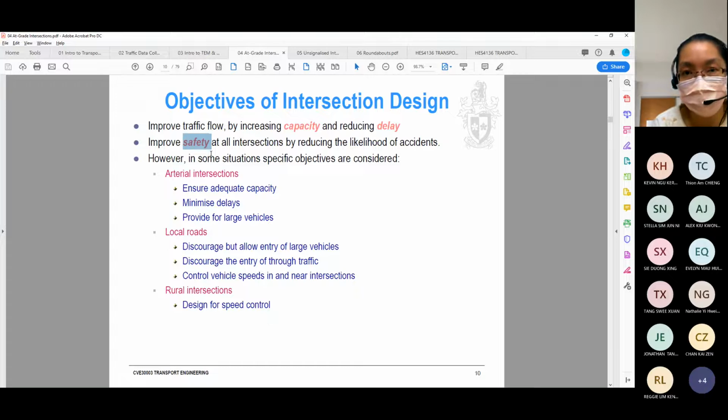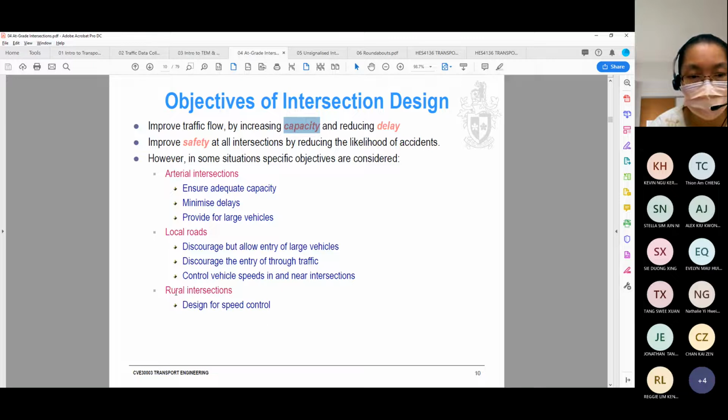Usually in urban areas, at arterial intersections, it is meant for capacity, but of course we have to cater for safety as well. But mainly the focus is on capacity. Towards the lower level, roads with lower hierarchy, local roads, usually we want to cater for safety, not so much for capacity, as well as the pleasantness for your residents in that area.